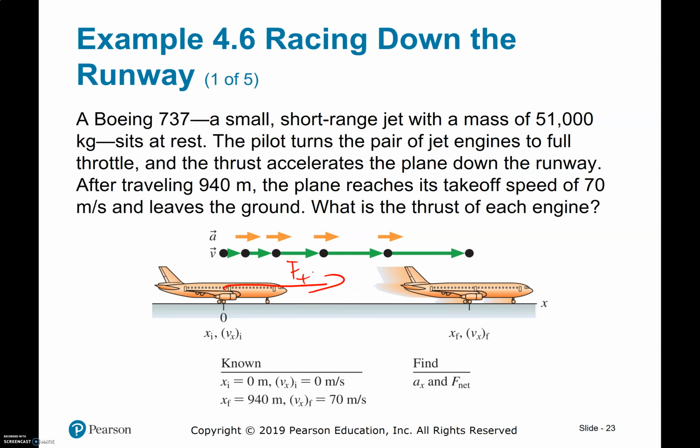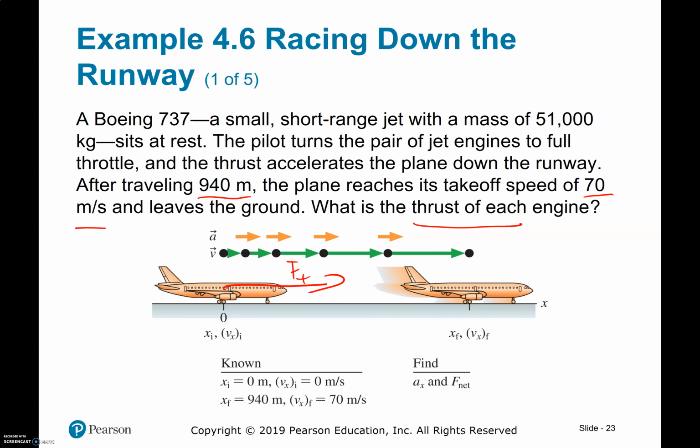Then the plane goes through the runway, travels 940 meters, which is roughly 1 kilometer, and reaches a speed of 70 meters per second before takeoff. So the question is, what is the force applied by the engine on the plane?